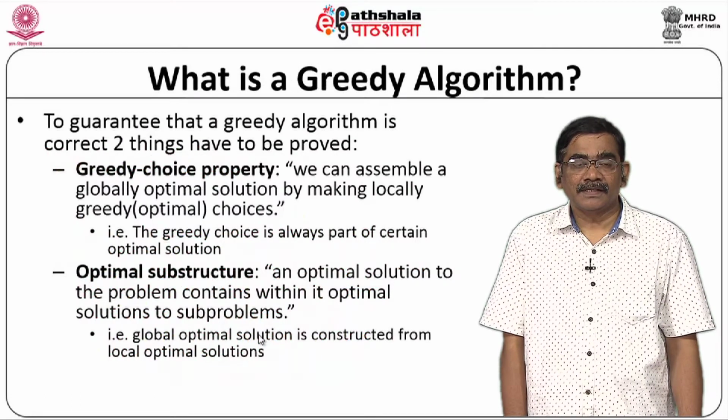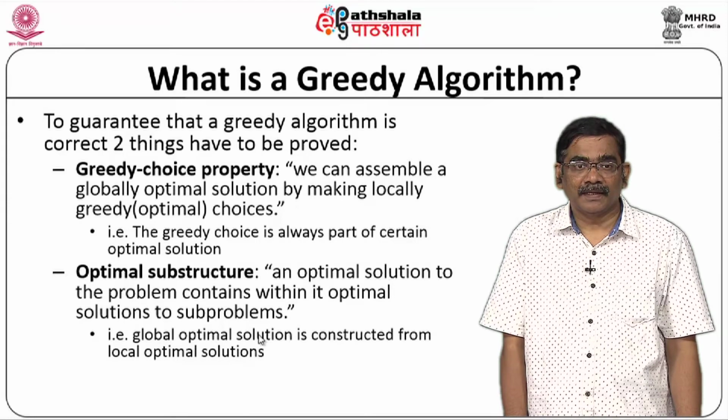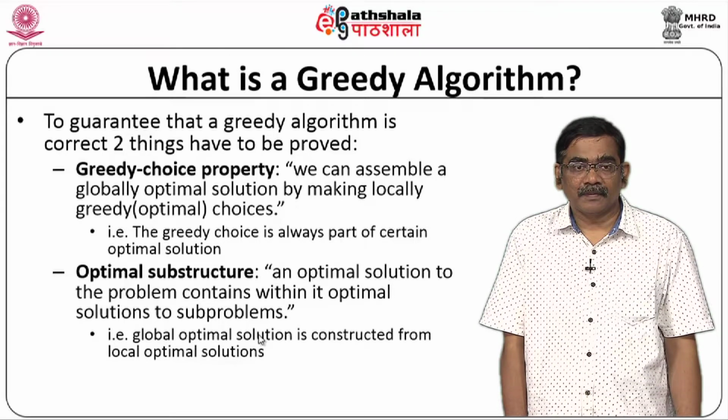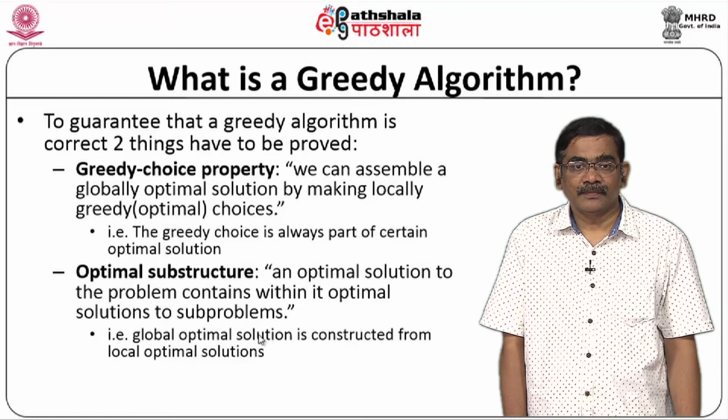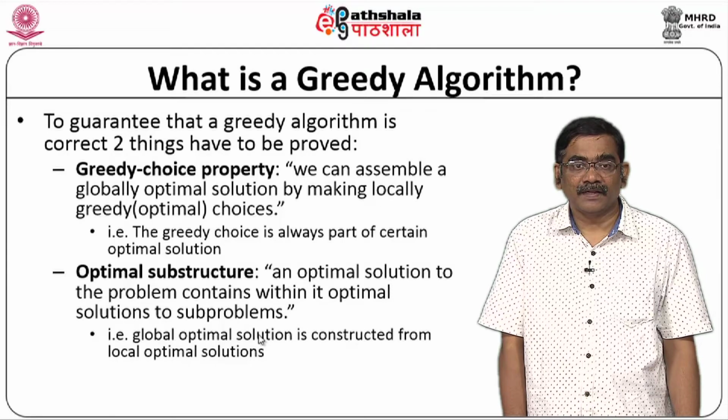So, in other words, a greedy algorithm should satisfy two properties: the greedy choice property and optimal substructure. The greedy choice property says that a greedy choice is always part of a certain optimal solution.